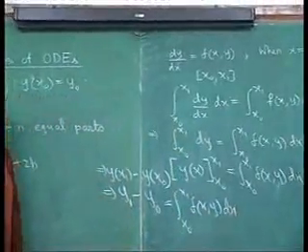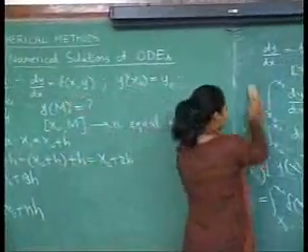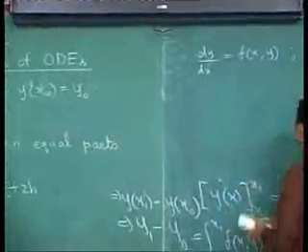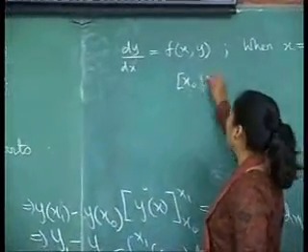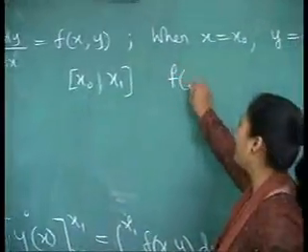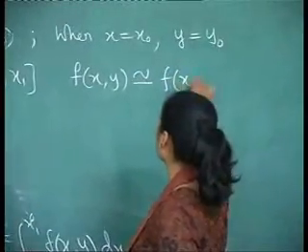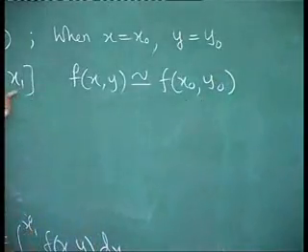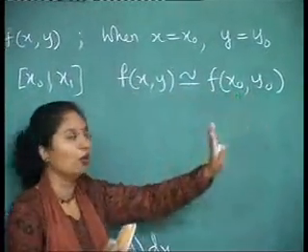Now what we are finding is just an approximate solution, so we will be making certain approximations. The approximation that I am going to make is that in the interval x0 to x1, this function f of x, y takes the value f of x0, y0 throughout.